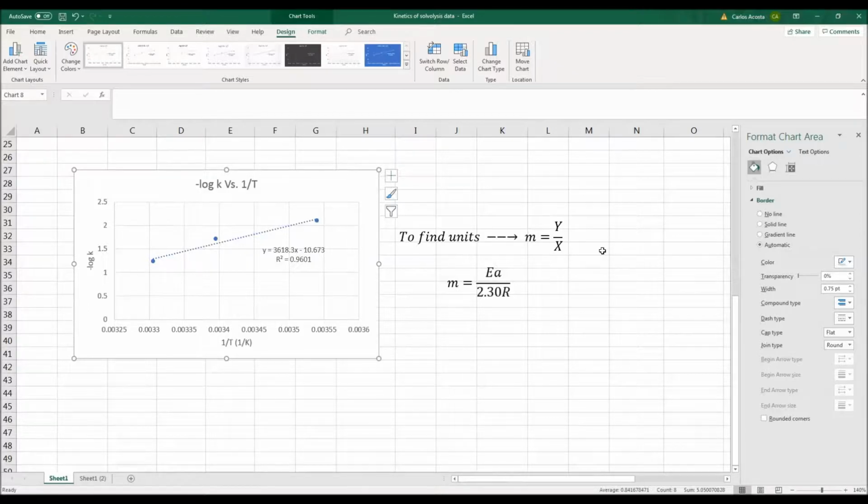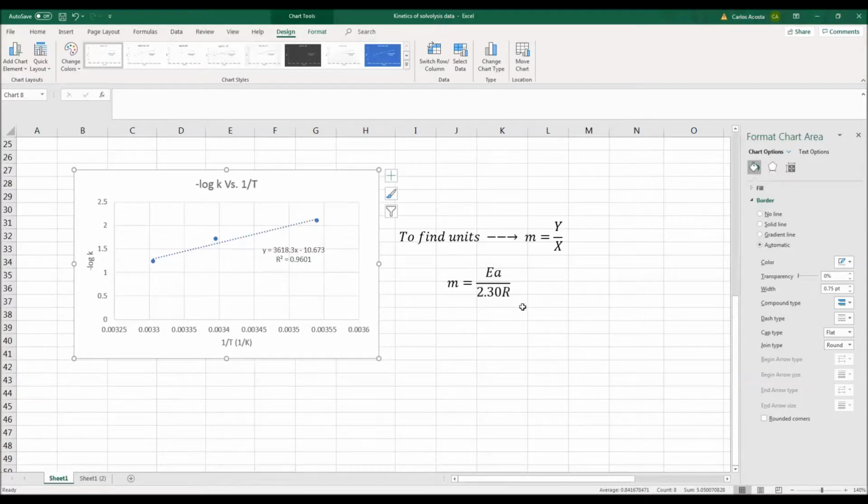Now, once we have our slope with the appropriate units, all we have to do to find the activation energy, which is what that question is asking for, is plug it into this equation right here. M is equal to activation energy, which is EA, divided by 2.30 R. R is the gas constant, and there are many different values of the gas constant.